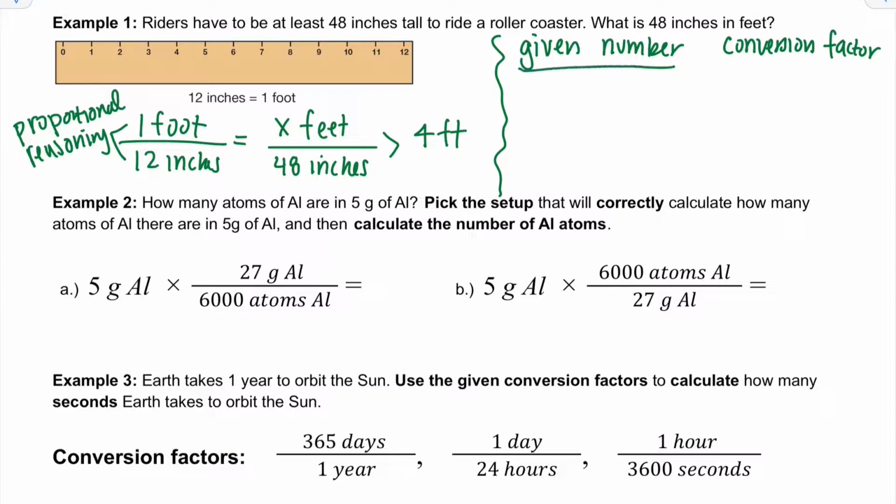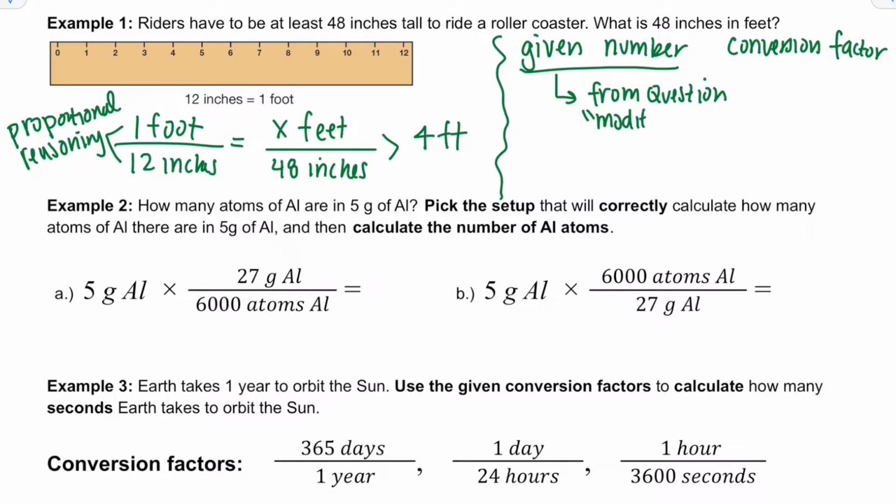The given number will always come from the question. It's the unknown value, the modified recipe. The conversion factor is the known information, the original recipe.